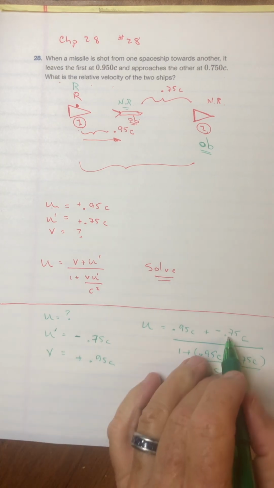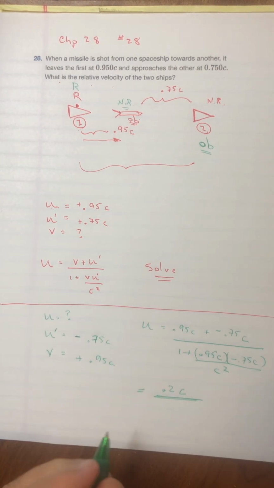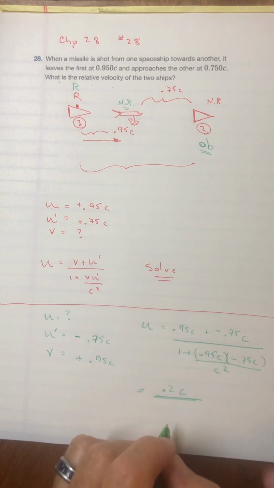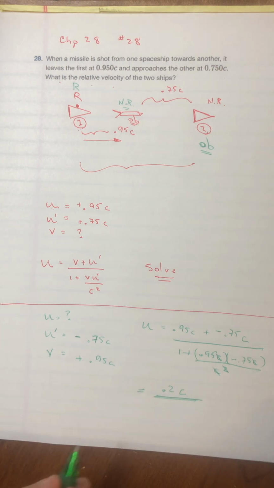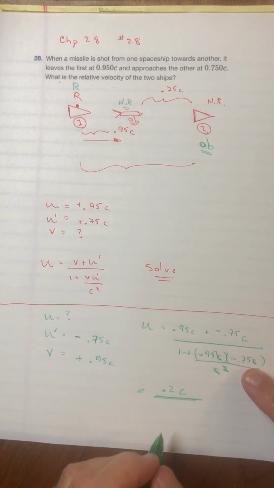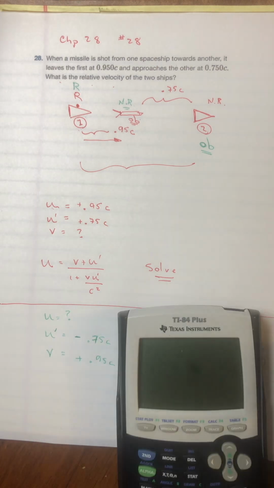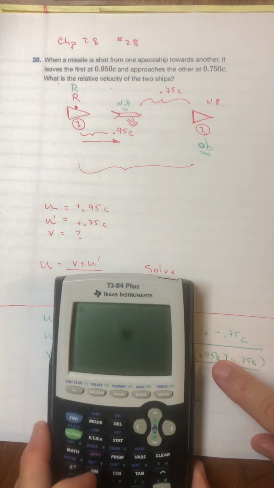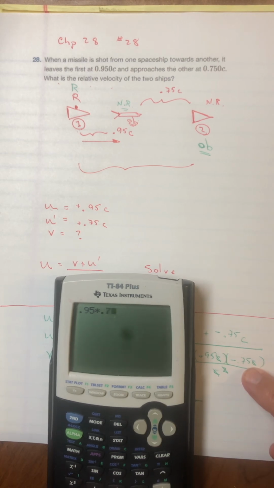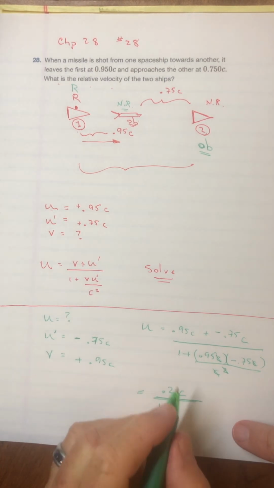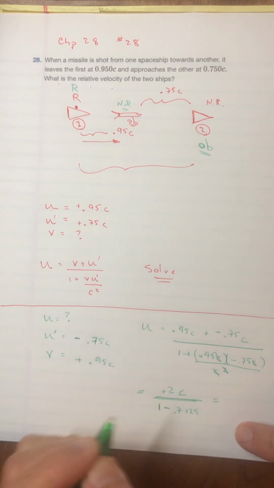which, when you put these two together, you get 0.2 c. And then this one is nice because the c's cancel off. Then you get a little negative, so 1 minus something. I'm grabbing a calculator here. I would have 0.95 times 0.75, so that's 0.7125.